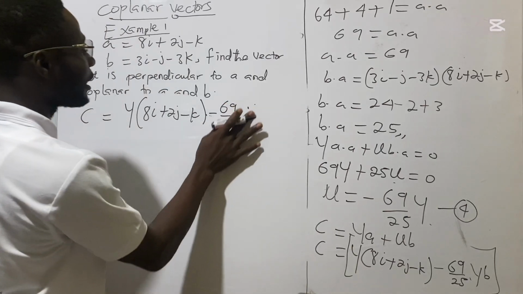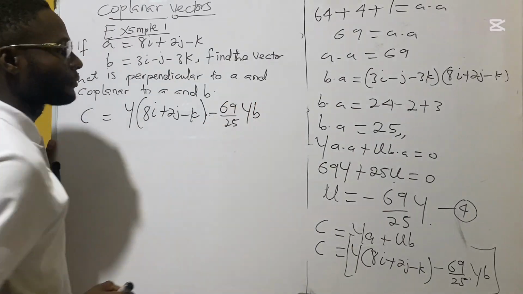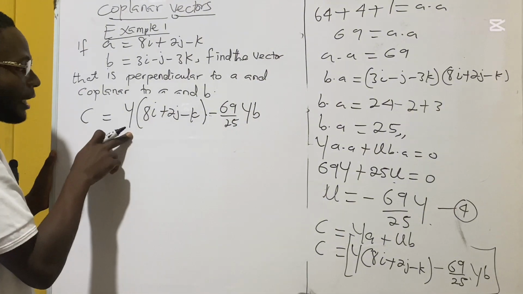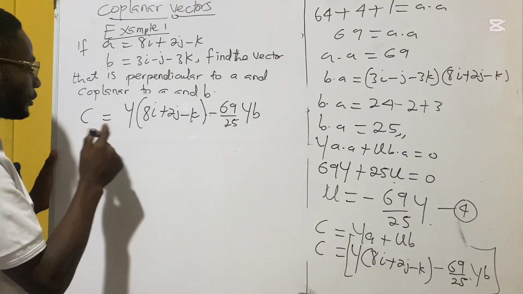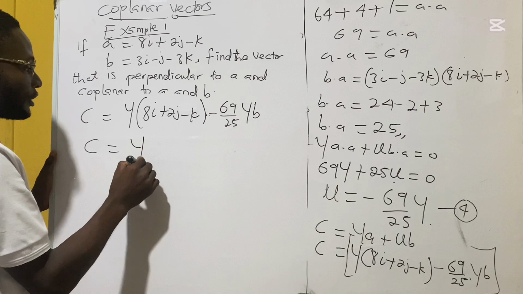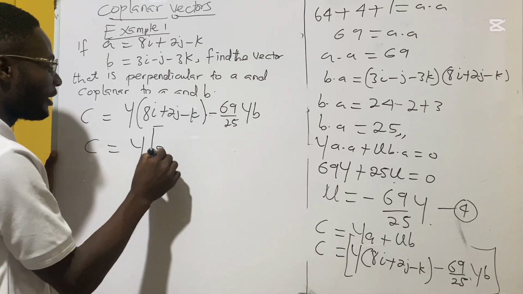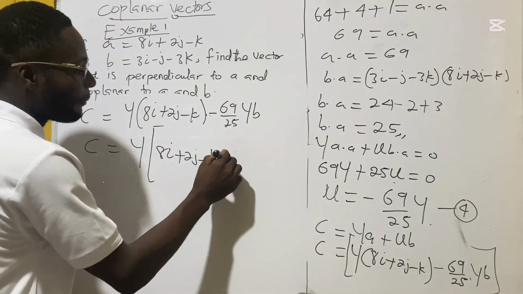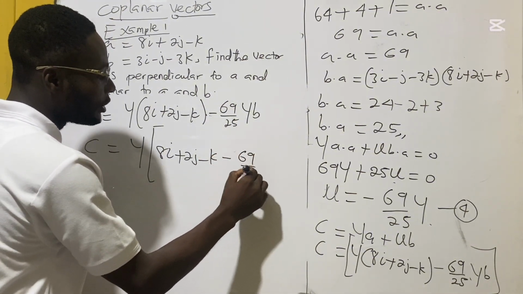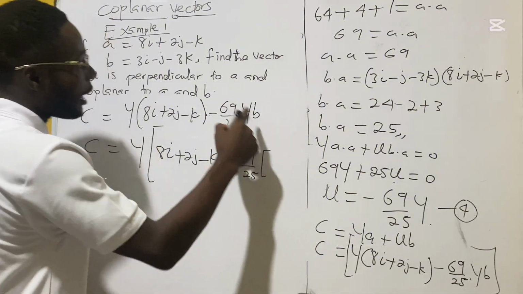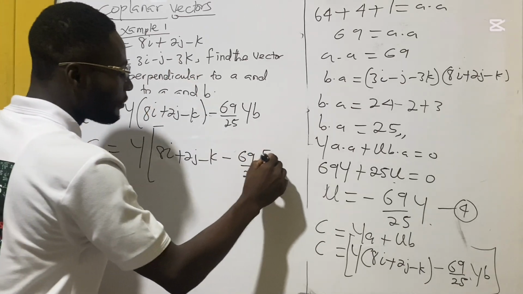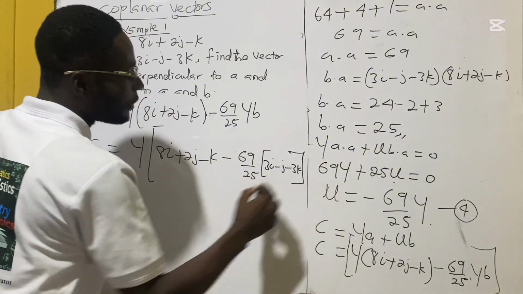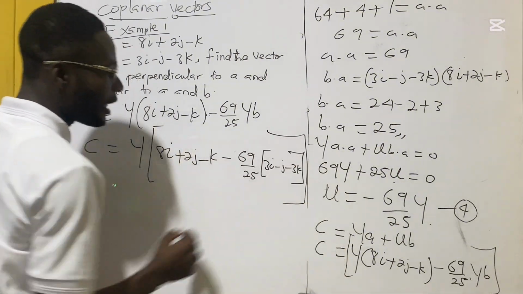Okay, so we have gamma here, B. This is what we have. Now we have gamma common to all the terms, so we do factorization. Taking that out, we have 8i plus 2j minus k minus 69 over 25 into our B, which is 3i minus j minus 3k. Okay, so this is what we have now.